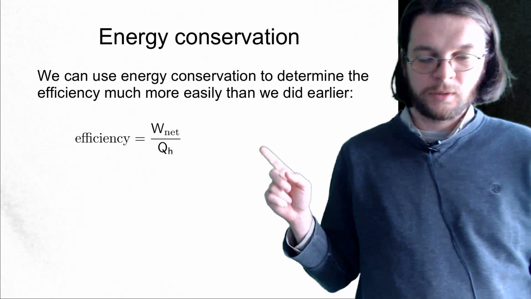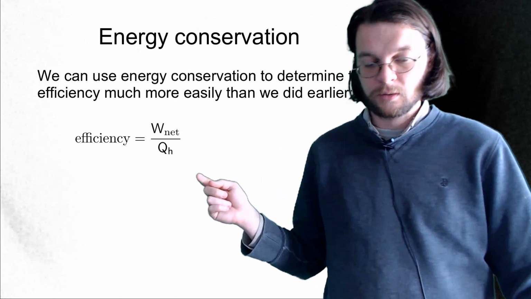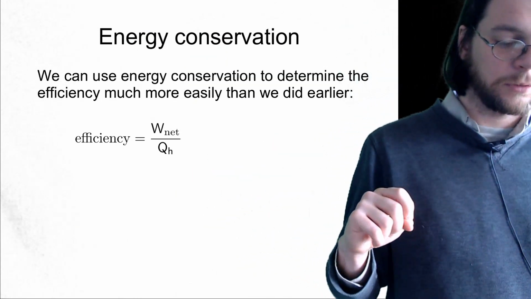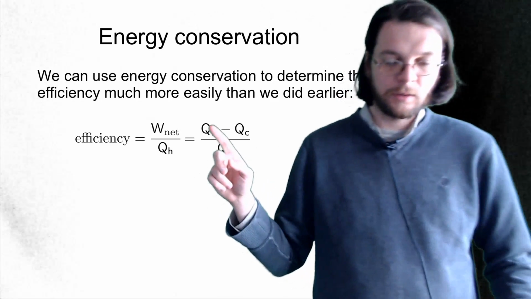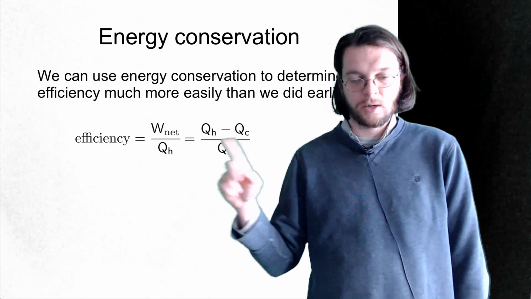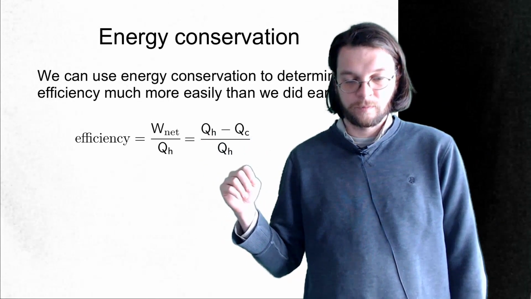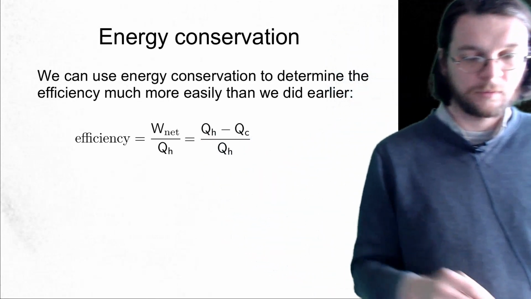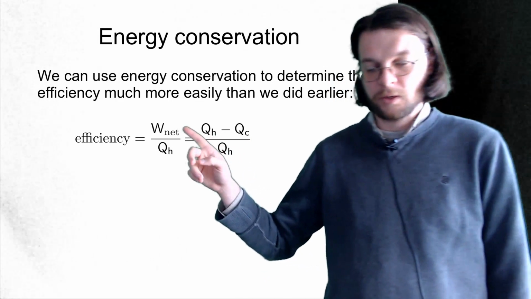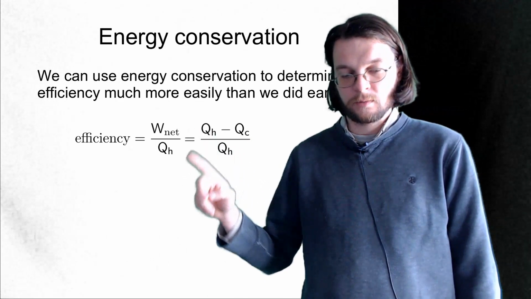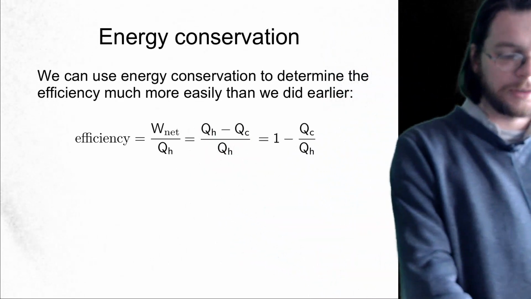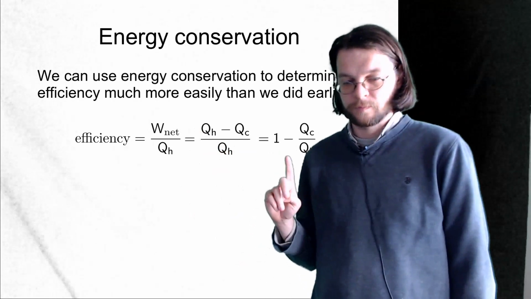Because we know the net work plus the heat loss is equal to the initial heat, that also means that the heat in minus the heat that's lost is the net work done per cycle. And so we can rewrite it this way, and then it's not too hard to take the ratio of these things to appreciate that this is true.